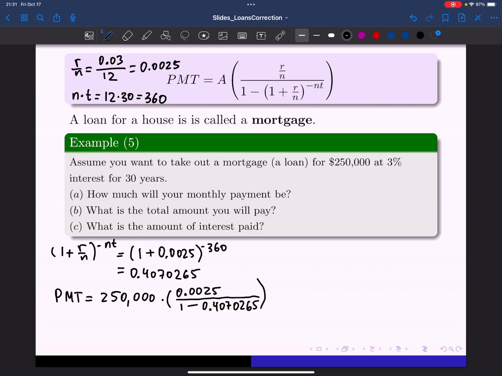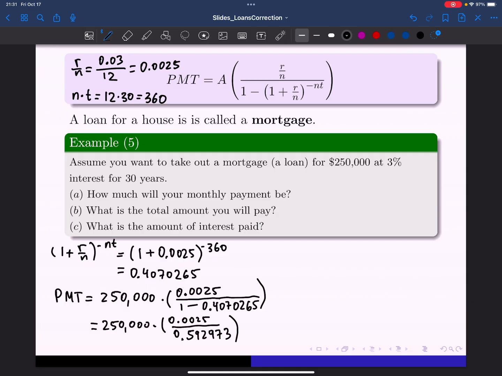So this is equal to 250,000 times 0.0025 divided by, and we subtract 1 minus this amount, and that gives me 0.592973.